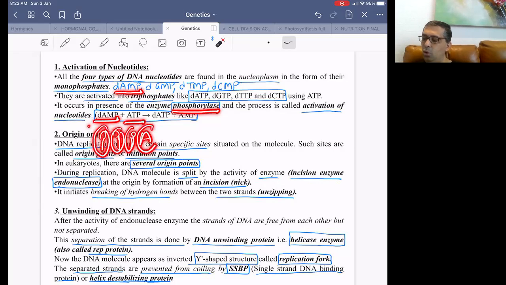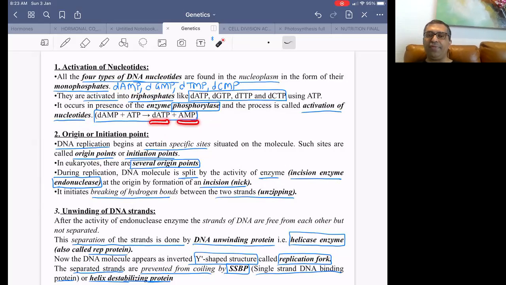Phosphorylase removed two phosphates from the triphosphate and gives them to deoxyadenosine monophosphate, which will then become deoxyadenosine triphosphate and adenosine monophosphate.